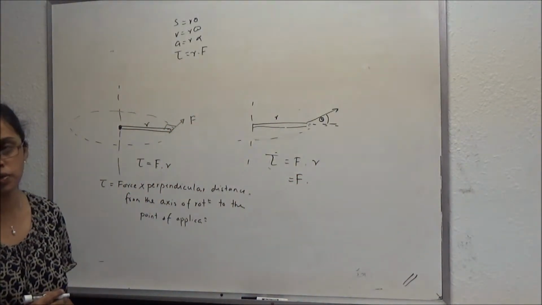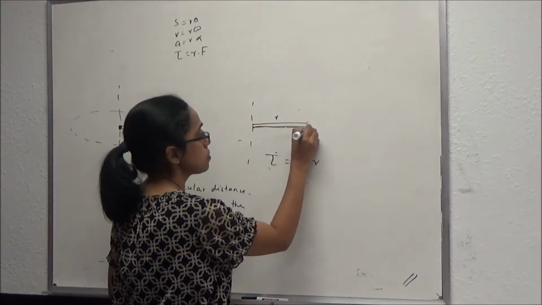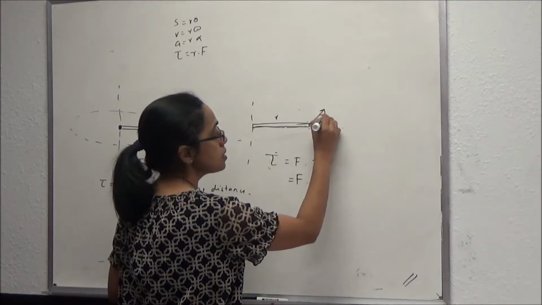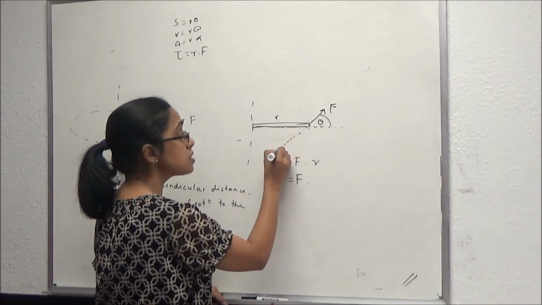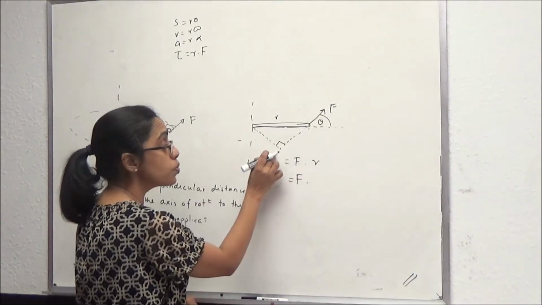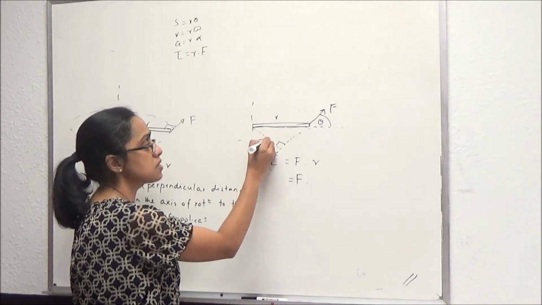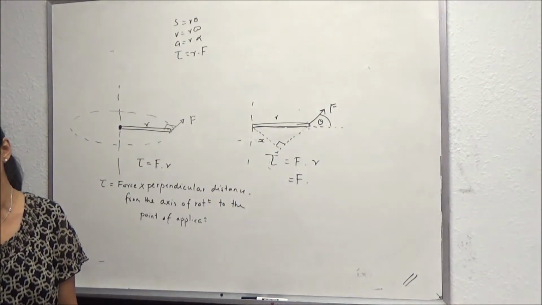So what is the perpendicular distance? Let me draw this nicely. This is extremely important. This is the angle, this is F. The perpendicular distance between the force and the axis of rotation is this. Do you understand that? It's like the Pythagorean theorem almost.